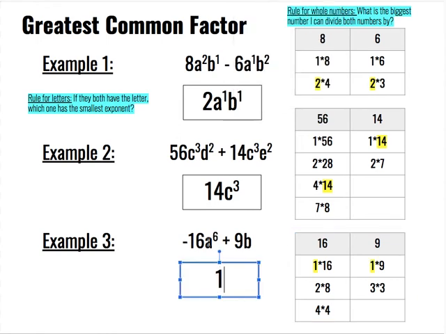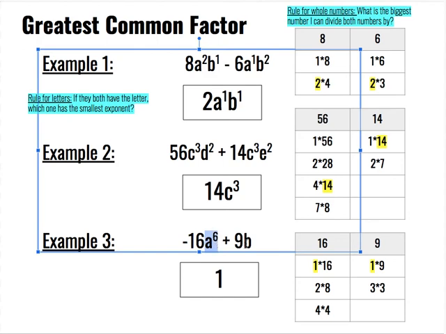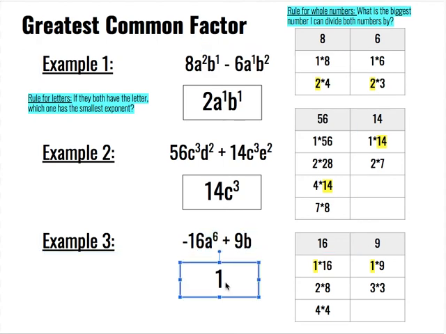All right, now let's talk about the letters. They have an a to the 6th and a b. So again, this time, they don't both share the same letter in common. So I cannot put an a down because this one will not have enough for me to put an a. I cannot put a b down because this one won't have enough b's for me to take away. So my greatest common factor there is 1.